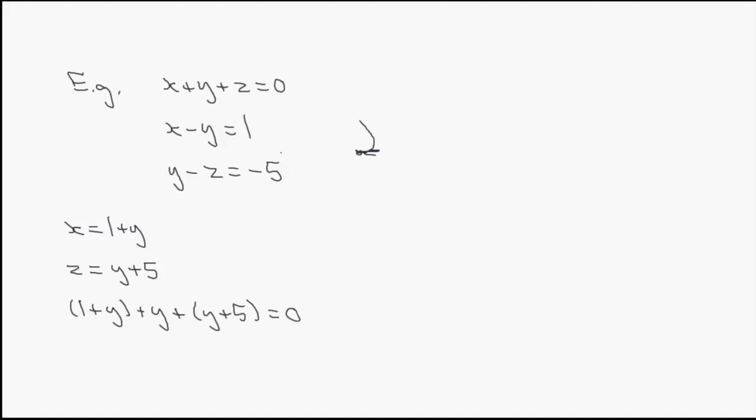Simplifying it, 3y would be equal to 6. Hence, y would be equal to -2.